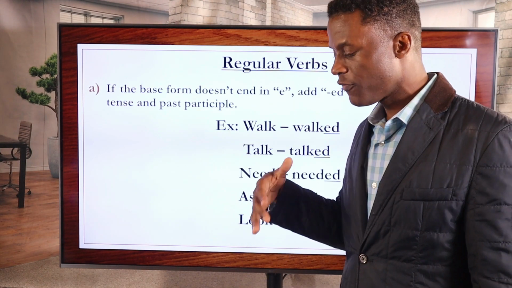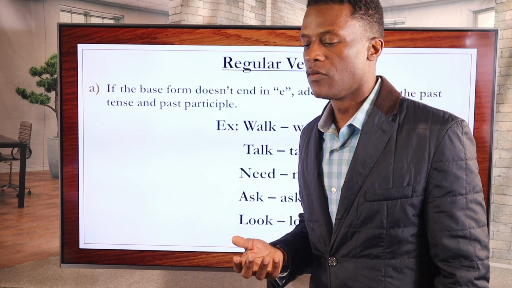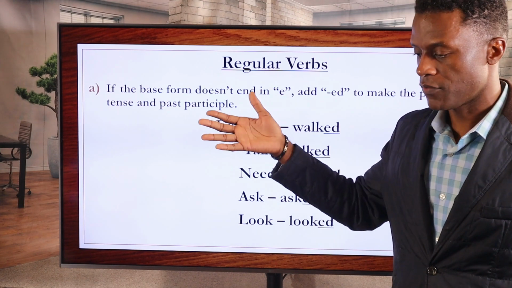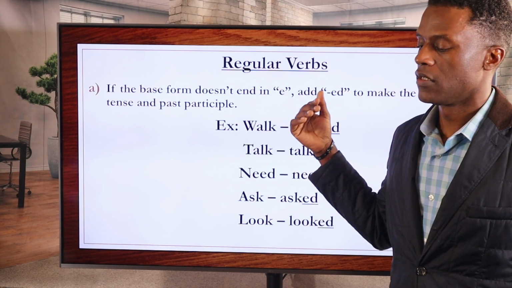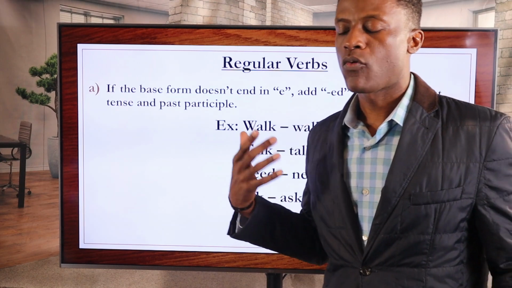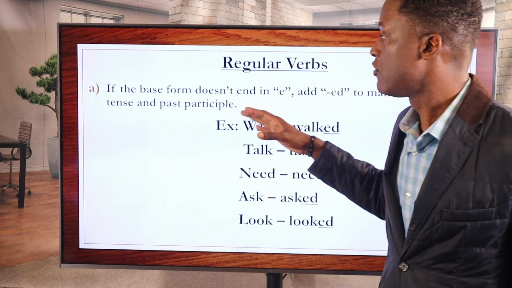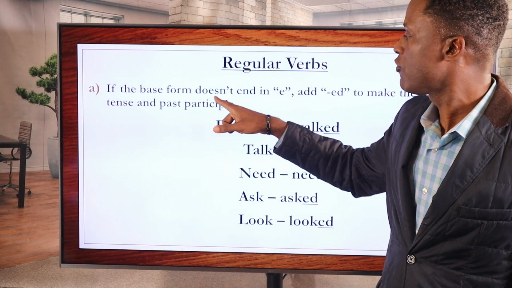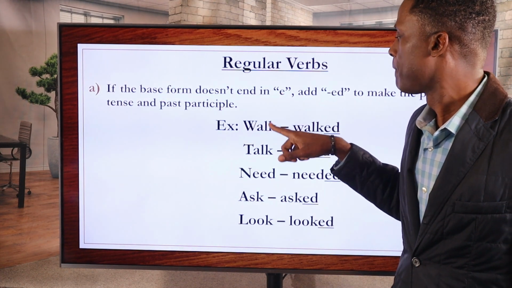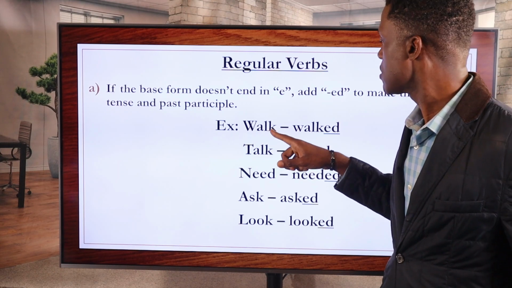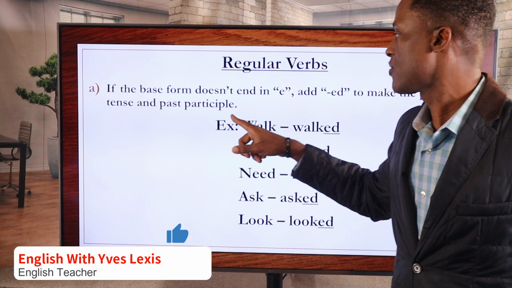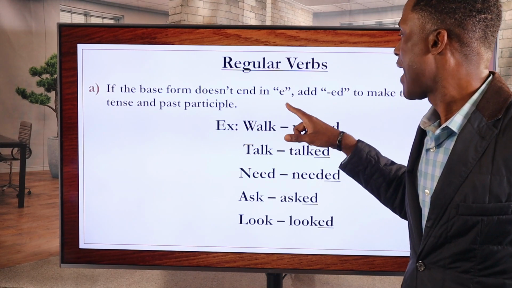So if we're going to focus on the principal parts, which is like, for instance, walked, third person singular, past participle, we need to understand this. Once again, if the base form doesn't end in E, like walk, for the past tense and the past participle, you add ed.